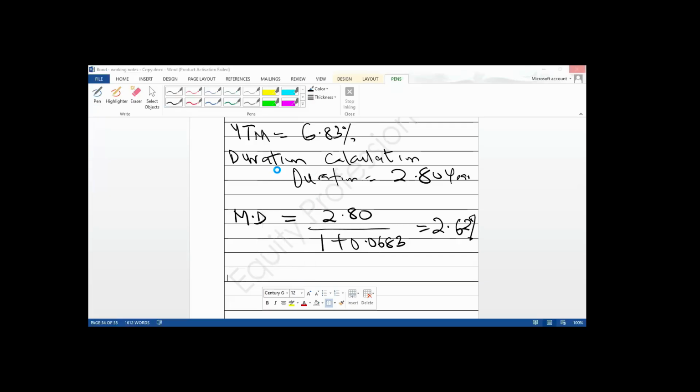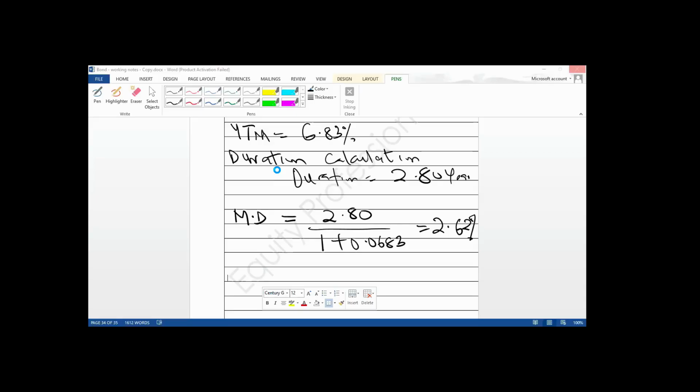Let me explain it. Modified duration measures the approximate change in the price of a bond where there is a small change in interest rates.